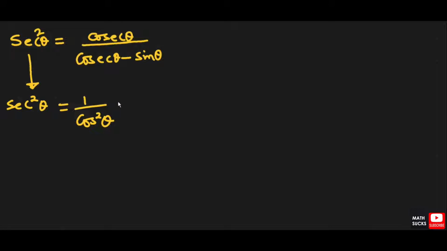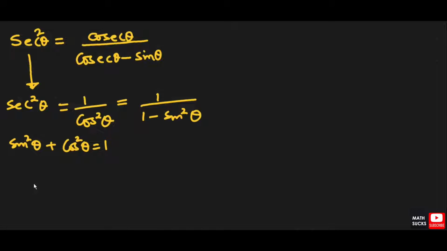So I can expand this one more time and substitute with 1 minus sine squared of theta. Remember that sine squared of theta plus cos squared of theta is equal to 1. So we can make use of this identity and substitute for cos squared theta with 1 minus sine squared theta.